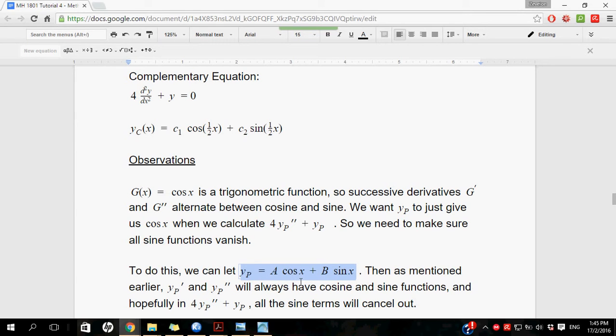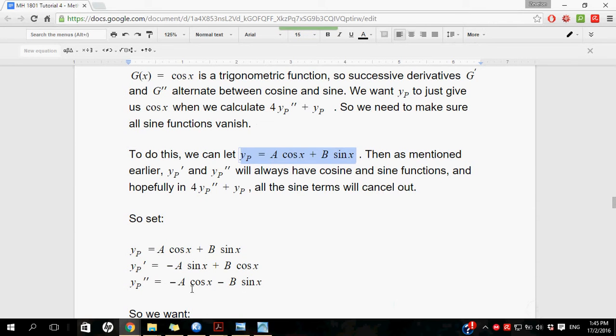We will always have a cosine term and a sine term, but maybe we will have to determine the values of a and b. And hopefully, in the expression that we get, all the sine terms will cancel out. We will use this expression.